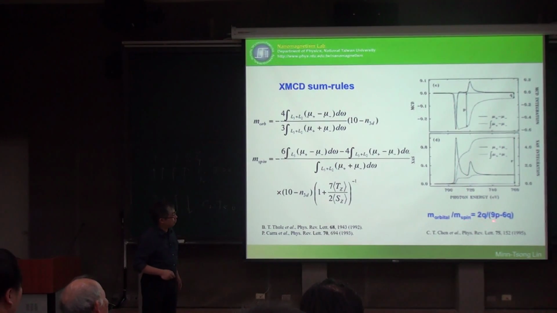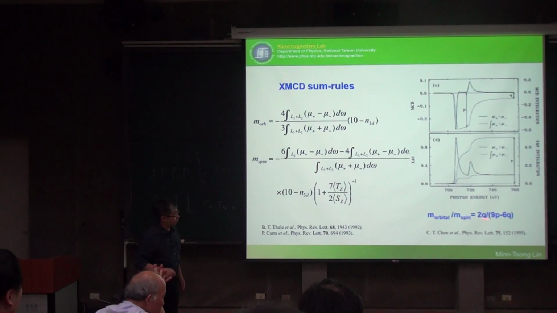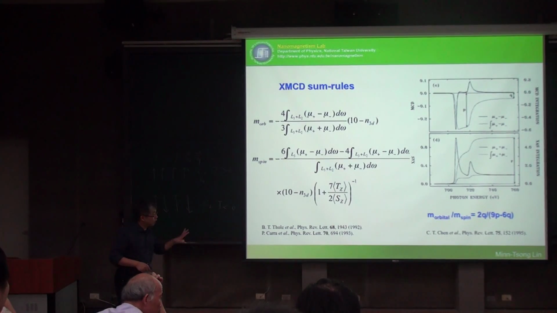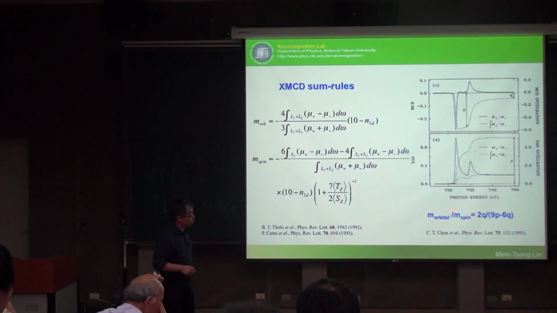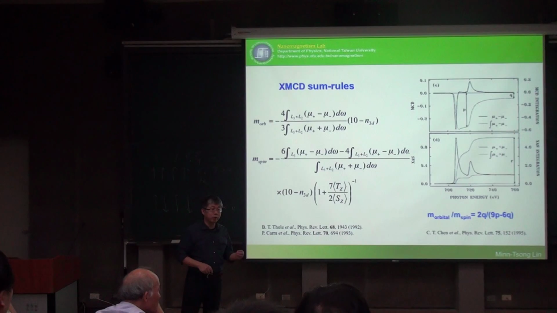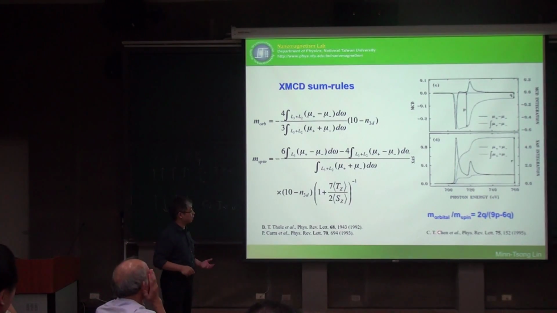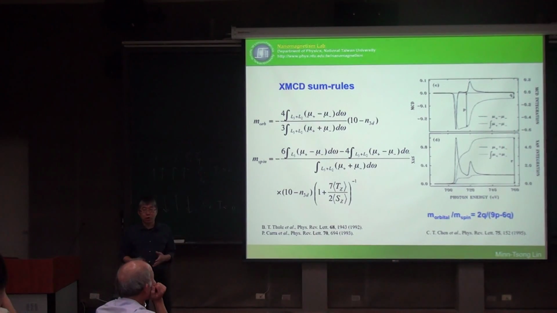So you get some value from the experiment, which corresponds to the ratio of the magnetic orbital moment to the spin moment. So then we measure this ratio. Because the spin moment is almost constant in this system, if we get an enhancement of the orbital moment, then we know this should have a very strong orbital moment.